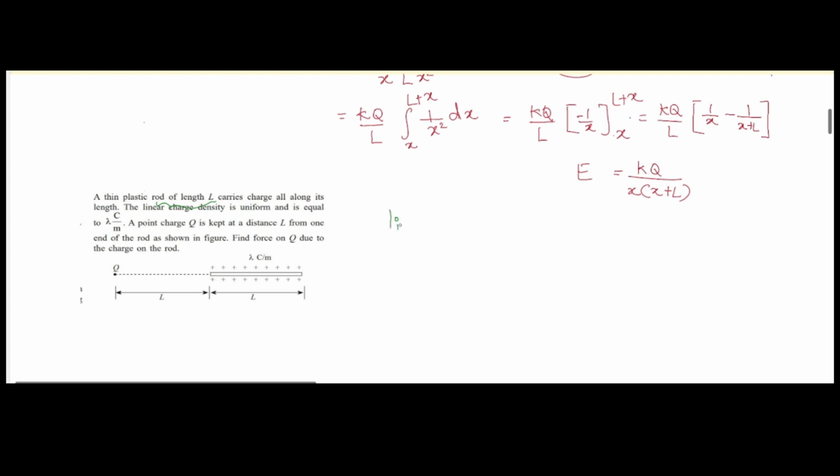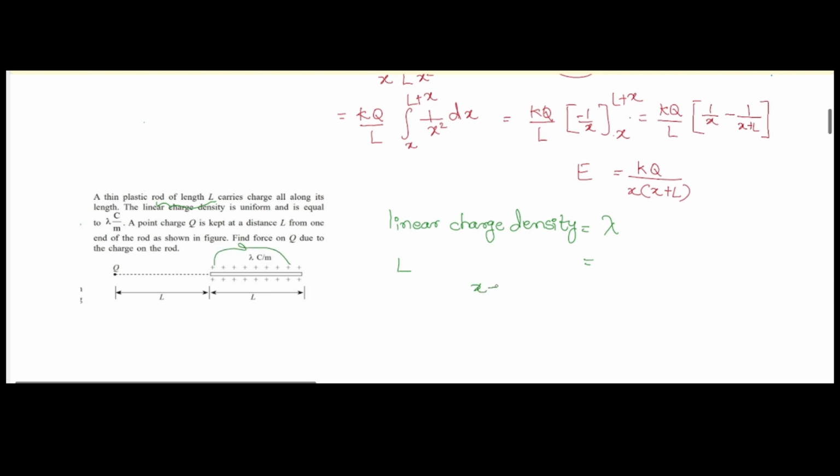So here the linear charge density is lambda. The length is L, and if we see here, this total length is L.